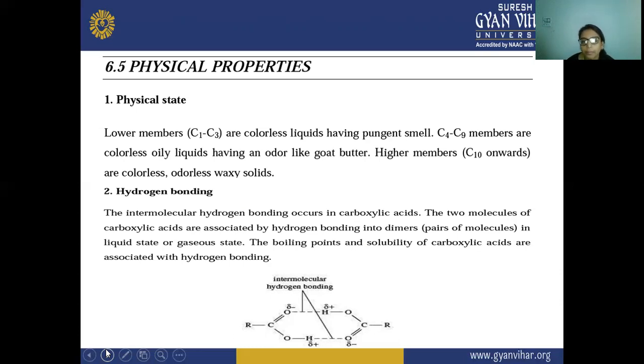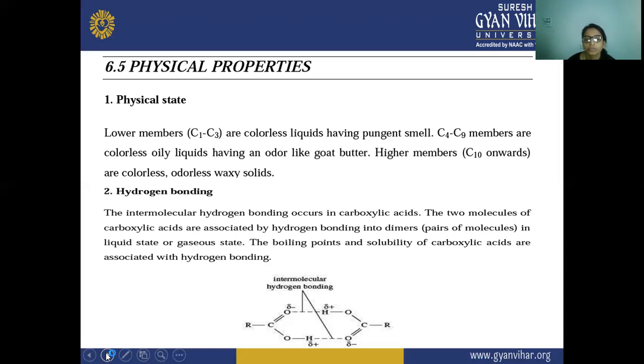But the higher members from C10 onwards are colorless, odorless, waxy solids. So all the members of carboxylic acids are colorless, but the smaller ones are liquids and the higher members are waxy solids.